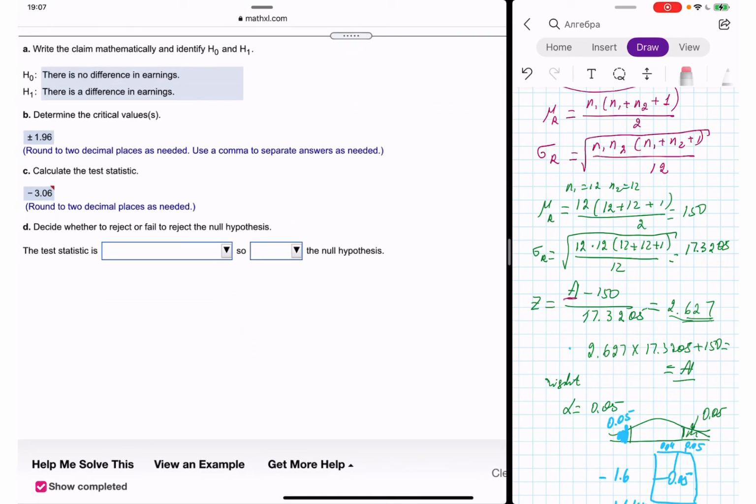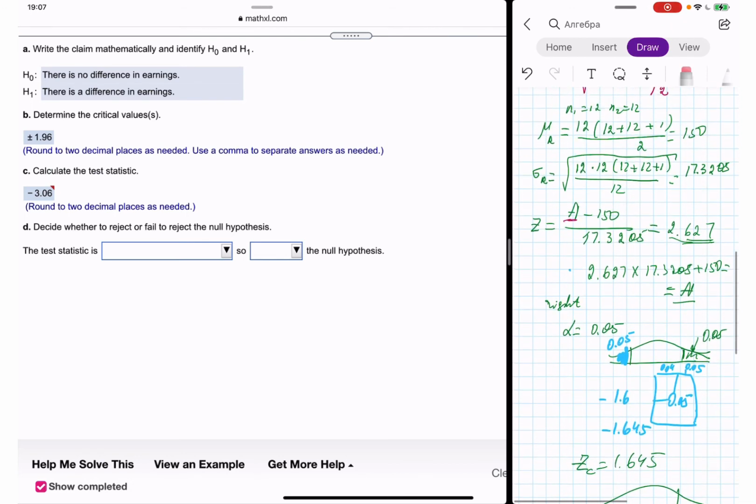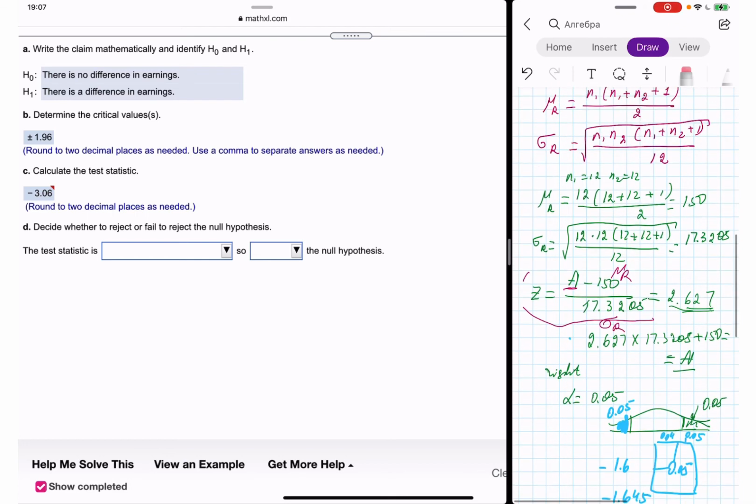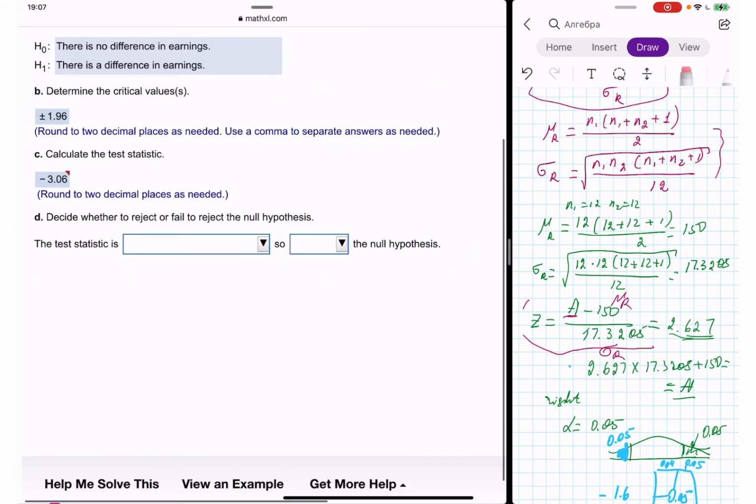So your test statistic, after all this calculation, the z score is R minus mu r divided by sigma r, and you should get negative 3.06. Now we need to decide whether to reject or not.